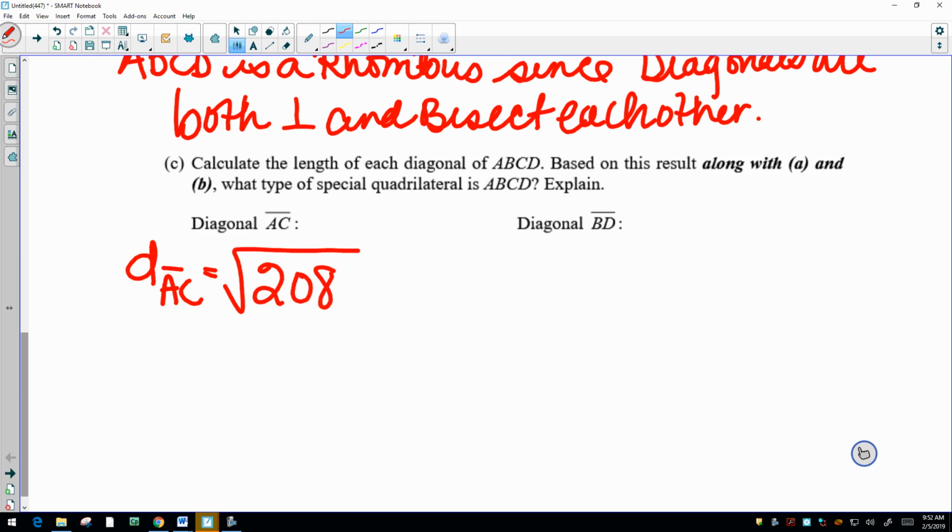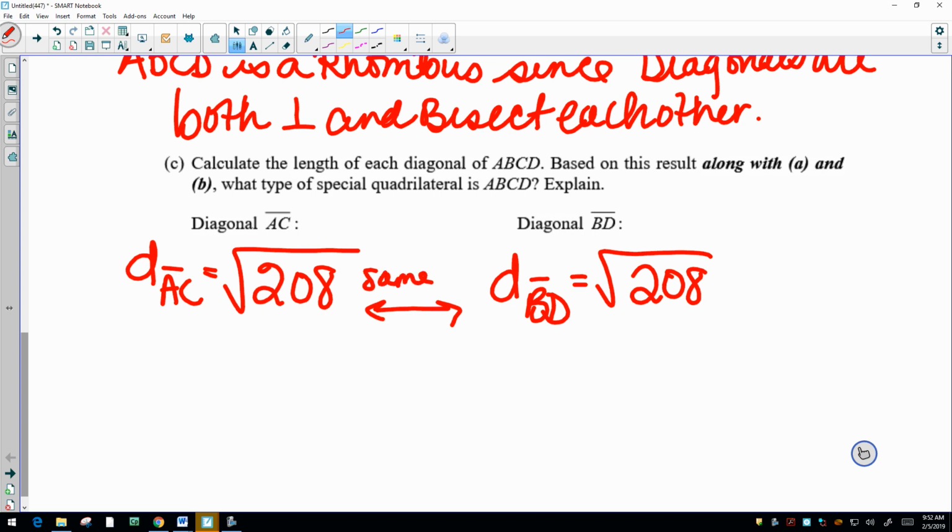And what did we get for the length of BD? 208. What do we notice about those? They are equal. So I can say here, they are the same distance, or same length. So they are congruent. So now, think about what we had up above.